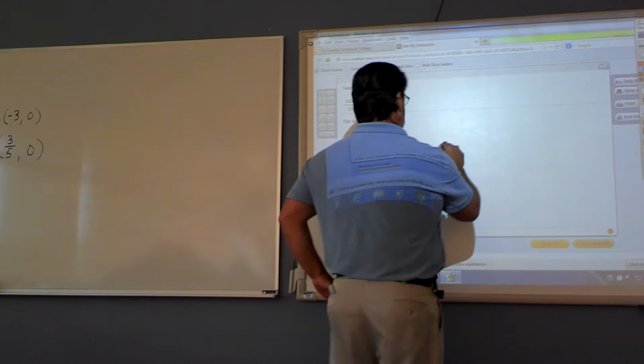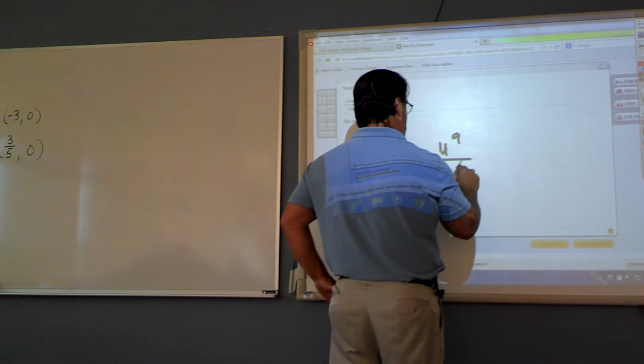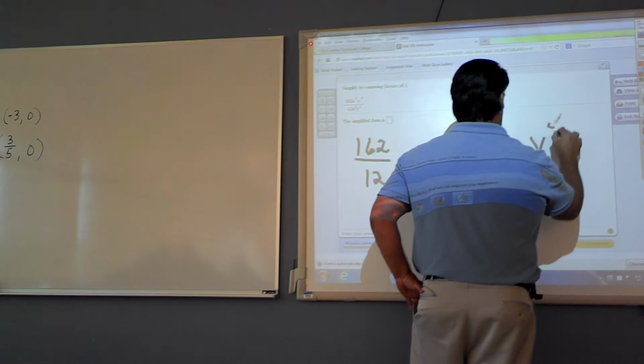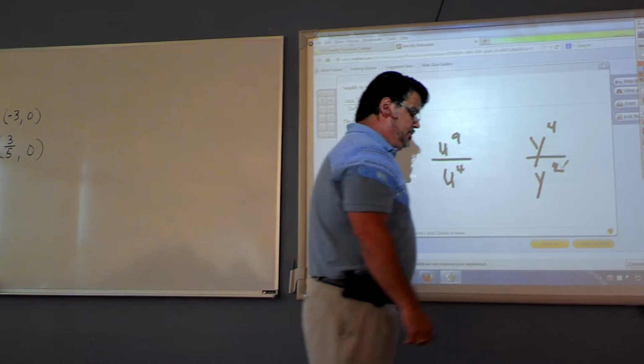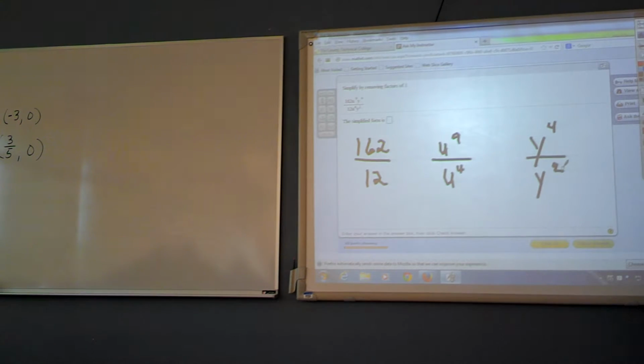And then u to the 9th over u to the 4th. And then y to the 4th over y squared. Now, do each one of those, simplify them. Use your exponential rules, and then put them back together.